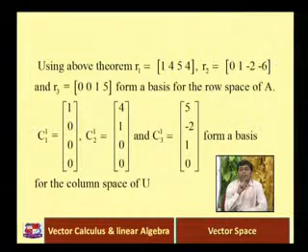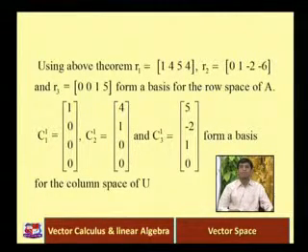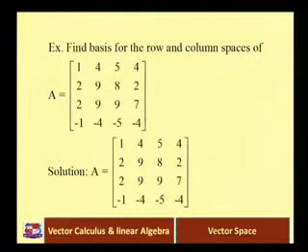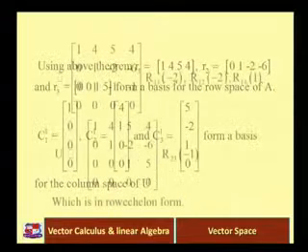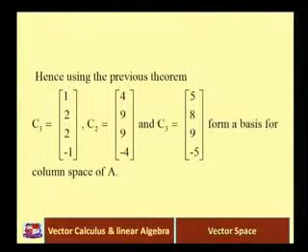In U, the row echelon matrix, the first 3 column vectors form a basis for the column space of U. So consider the corresponding column vectors of A. We take the first 3 column vectors of A, and those 3 column vectors form a basis for the column space of matrix A. So consider the first 3 column vectors 1 2 2 -1, 4 9 9 -4, 5 8 9 -5 from A. Those 3 column vectors, C1, C2, C3, form a basis for the column space of A.